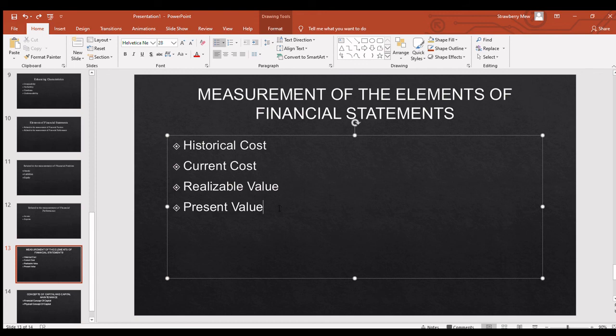So, dahil binili natin ito 5 years ago, nagkakaroon tayo ng extra income of 1,000 per year. So, yung 1,000 per year, kapag diniscount natin, ang value nito for today is 2,300. So, yung discounted value na yon na ma-generate na income ng equipment is the present value.